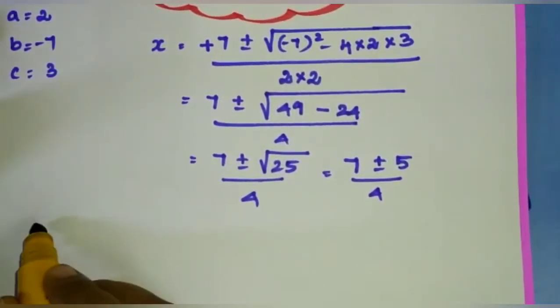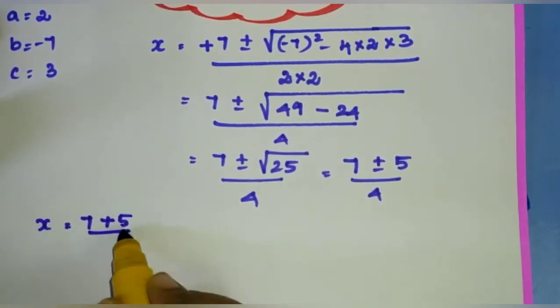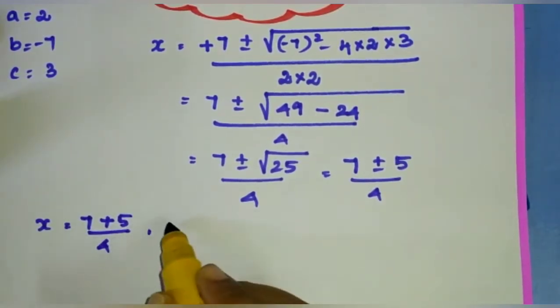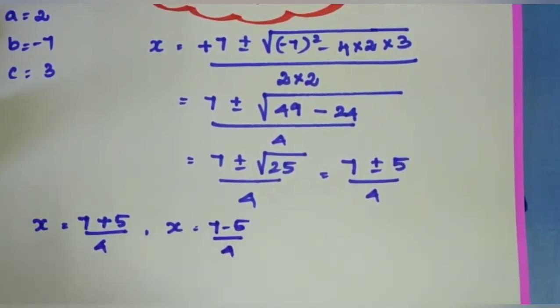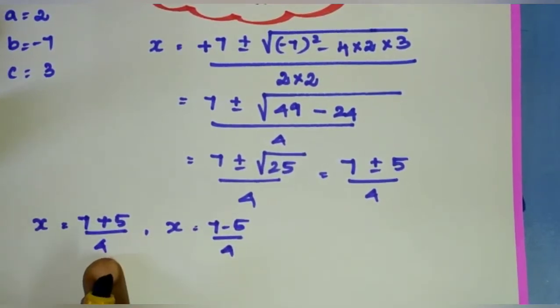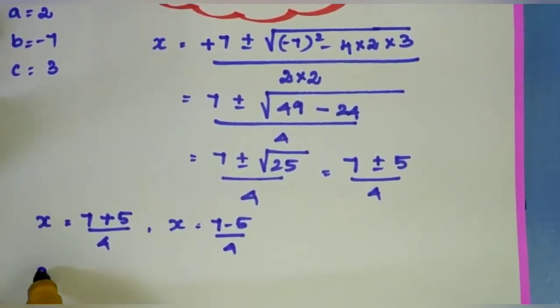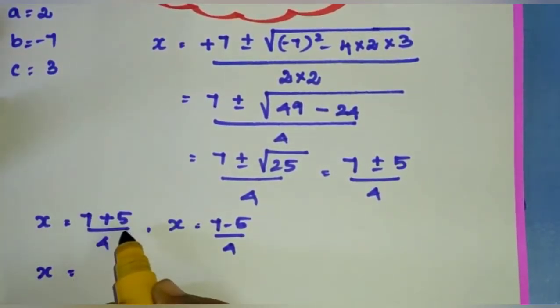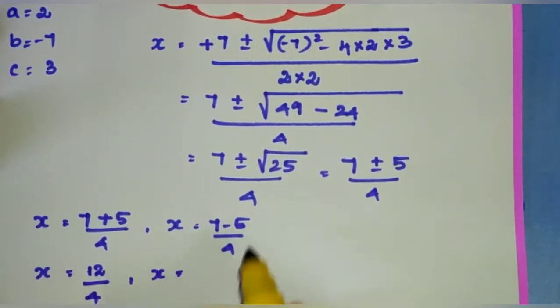So the two values are x is equal to 7 plus 5 by 4 and the next value is 7 minus 5 by 4. I split one term in positive and another term in negative. So x is equal to 7 plus 5 is 12, 12 by 4, and x is equal to 7 minus 5 is 2, 2 by 4.